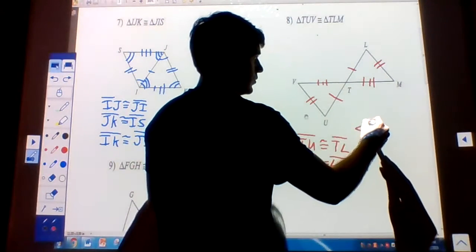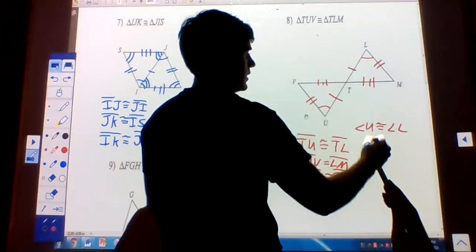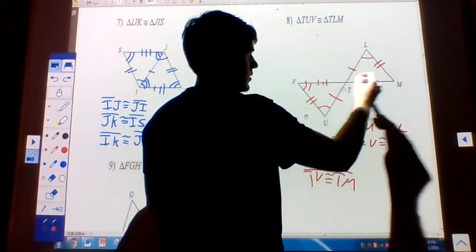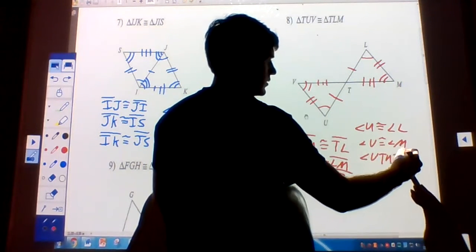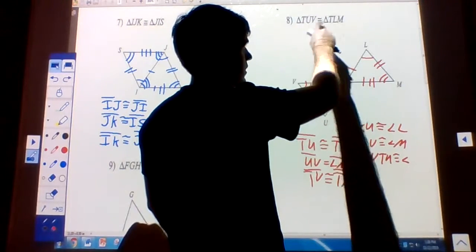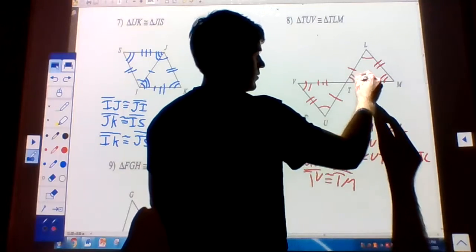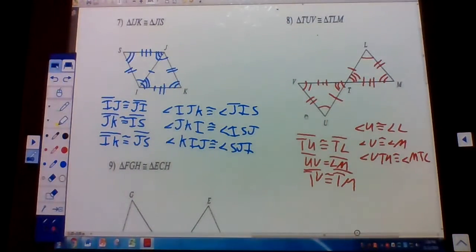So angle U is going to be congruent to angle L, and angle V is going to be congruent to angle M. Okay, and then angle VTU is going to be congruent to angle MTL. We have 3 pairs of congruent angles, 2 pairs of congruent sides.